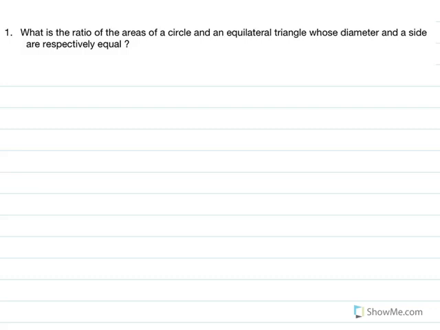What is the ratio of the area of a circle and an equilateral triangle whose diameter and the side are respectively equal? So here we're talking about a circle, and we know area of circle is given as pi r square.